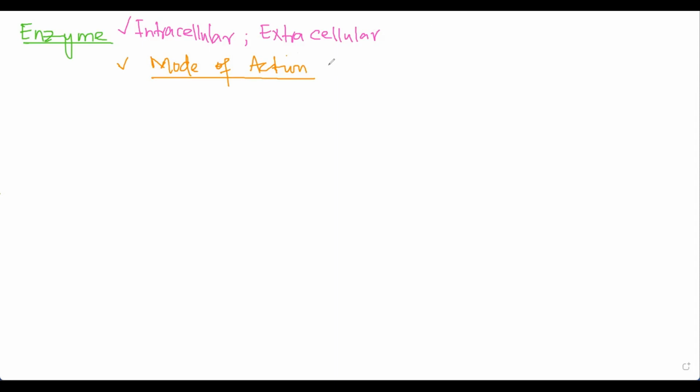Enzymes work by two, there are two theories which explain the job of an enzyme. One is what you did in O levels, the lock and key model. So dear students, I'm sure you can recall the lock and key model. It used to say that a key doesn't fit into every lock. Yes or no?